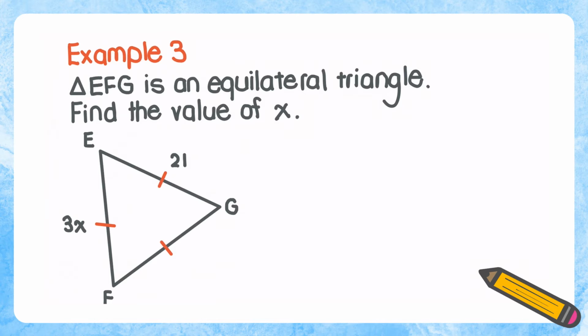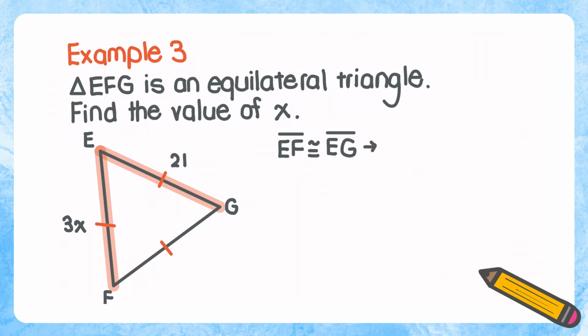Here, triangle EFG is an equilateral triangle. We're going to find the value of x. Since all three sides are congruent, we know that side EF is congruent to side EG. Let me write that over here. Side EF is congruent to side EG.